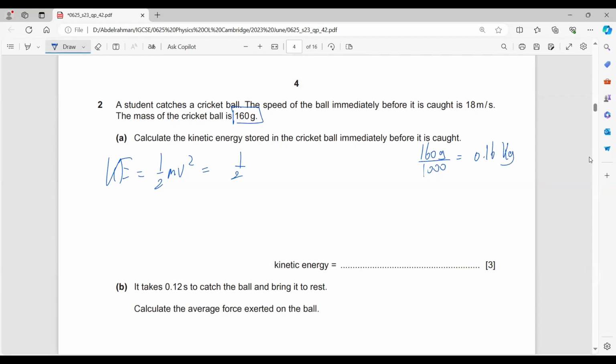That's a must because this is the SI unit. Half times 0.16 times 18 squared. Can someone find the answer? 25.92, so you can write it down as 26 joules.